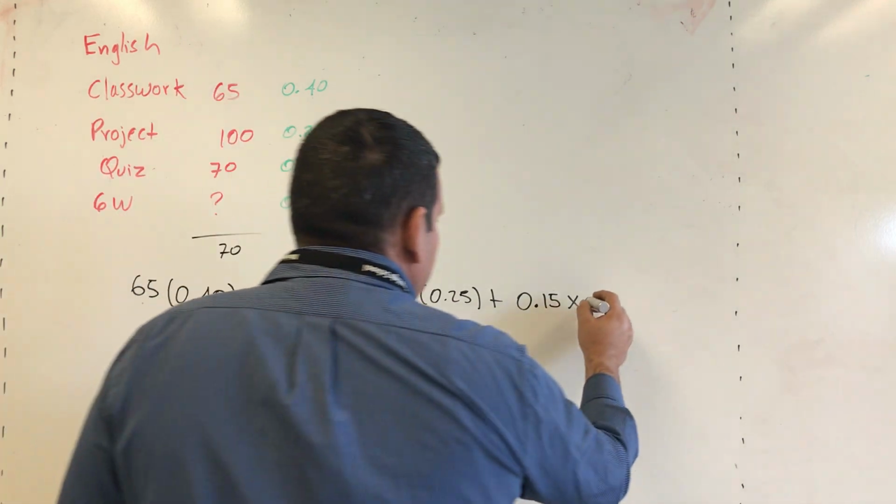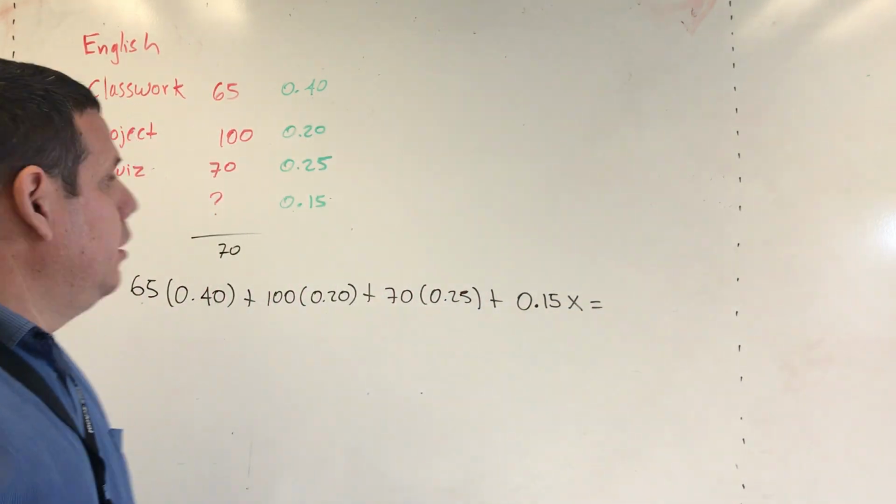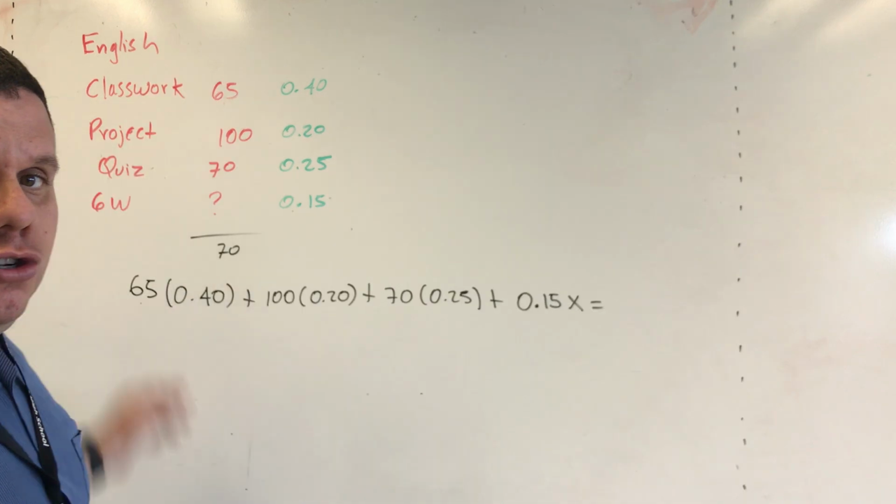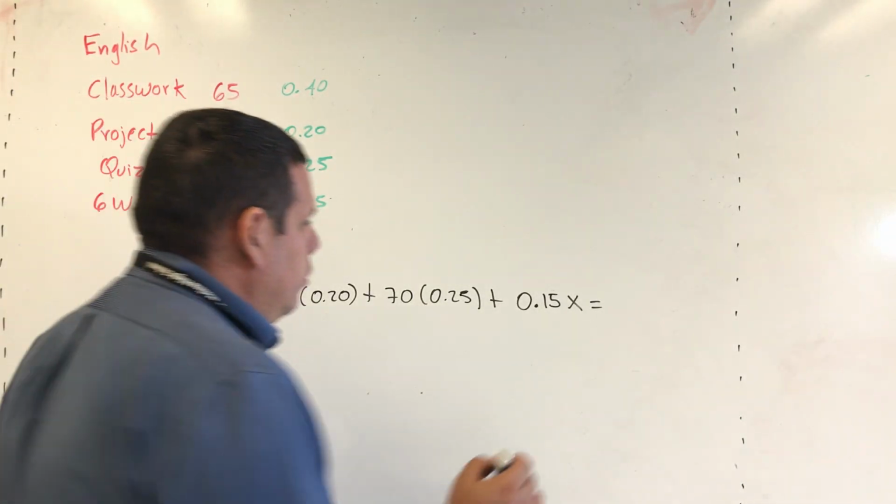Right, so the addition of all these should be at least 70 in order to pass.